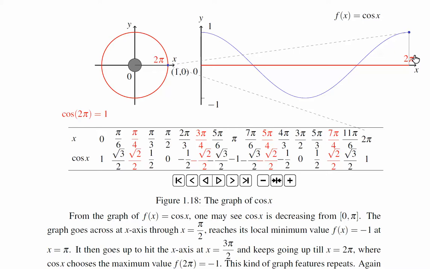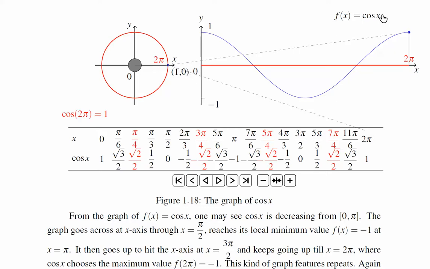That's one feature. Another feature is the domain and the range. For the domain, x can choose any value. You see from 0 to 2 pi, and it can go further to the right, and further to the left.